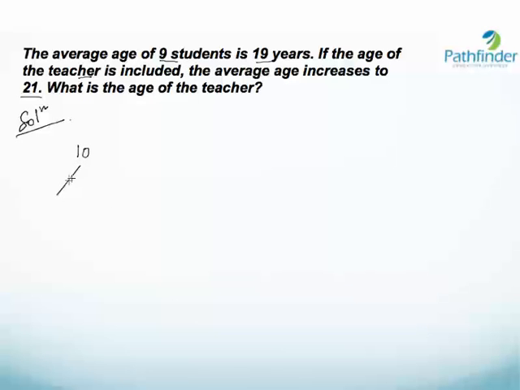Now, you have averages for two groups. In fact, you have the average for one group. So that group is 9 students. The first group has 9 students whose average age is 19 years. And the second category has only one person, that is the teacher, whose age is not known. Let us assume his age to be x.